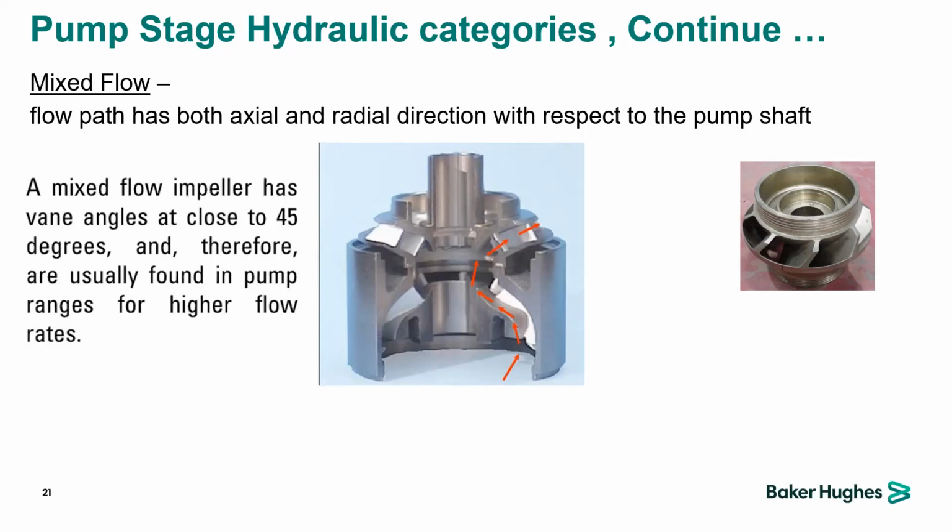In terms of weight, you can imagine the weight of each mixed flow stage compared to radial flow is almost higher. So it creates higher thrust compared to the radial flow, which we will explain later in the thrust discussion.